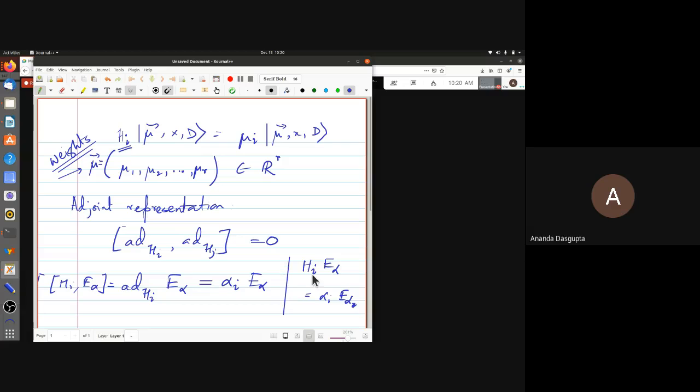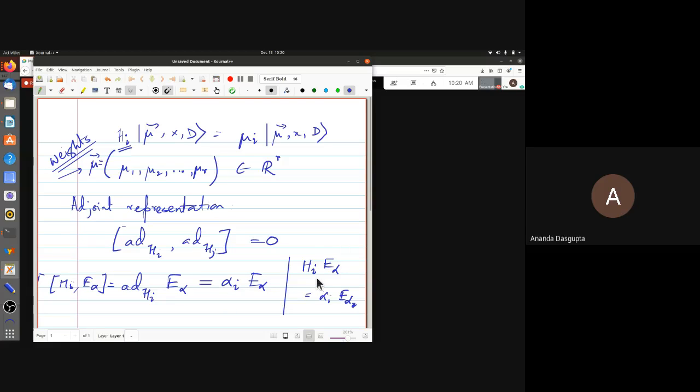So HI E alpha means the product of the operators HI and E alpha, especially in the quantum mechanical sense, and that is not what we are talking about here. So either you could say the commutator of HI with E alpha is alpha E alpha, which is perfectly right, or say ad HI acting on E alpha is alpha E alpha.